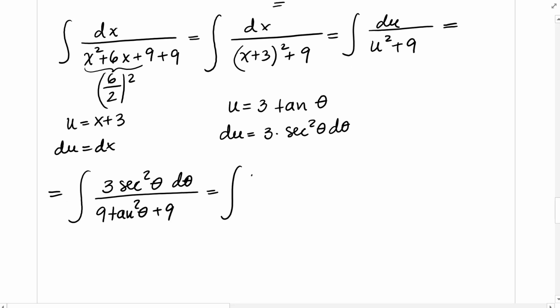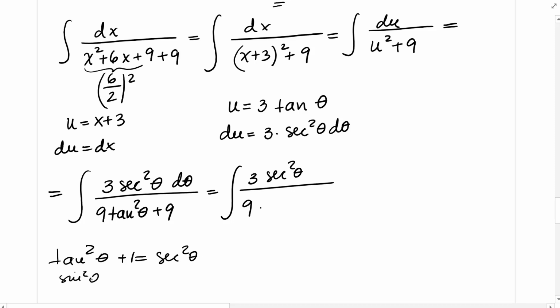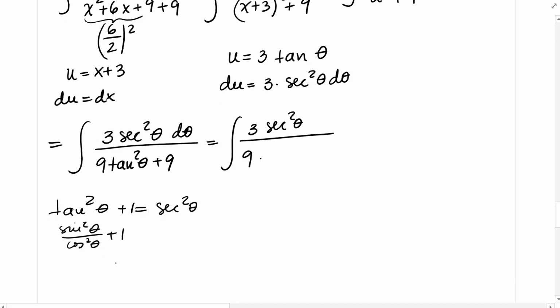So 3 secant squared of theta over, we factor out 9, and tangent squared of theta plus 1, it's actually equal to sine over cosine, and so it's secant squared of theta. Right, I just replace this with sine squared over cosine squared, and plus 1, bring the same denominator and so on. Secant squared of theta, d theta.